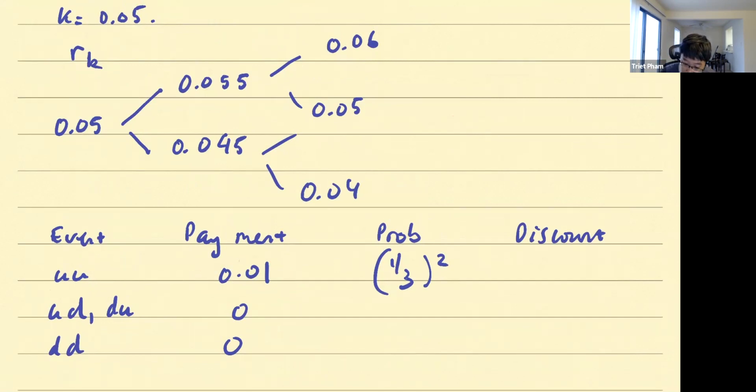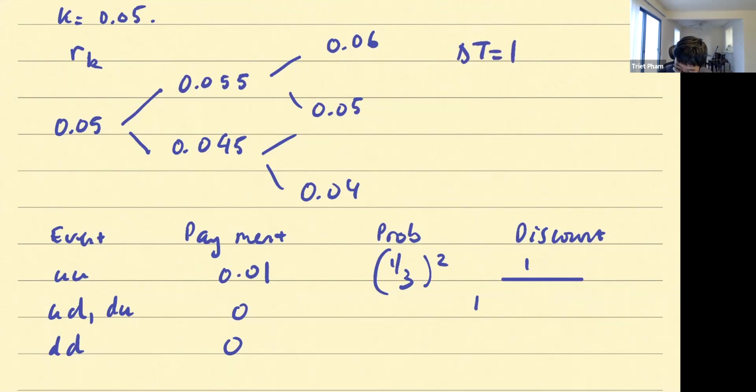So we need 1 over 1 plus R0, 1 plus R1 delta T, etc. Let's suppose delta T equals 1 here to make things easy.